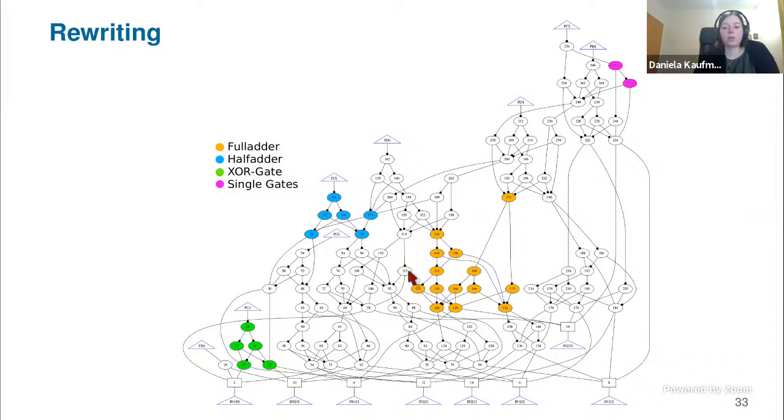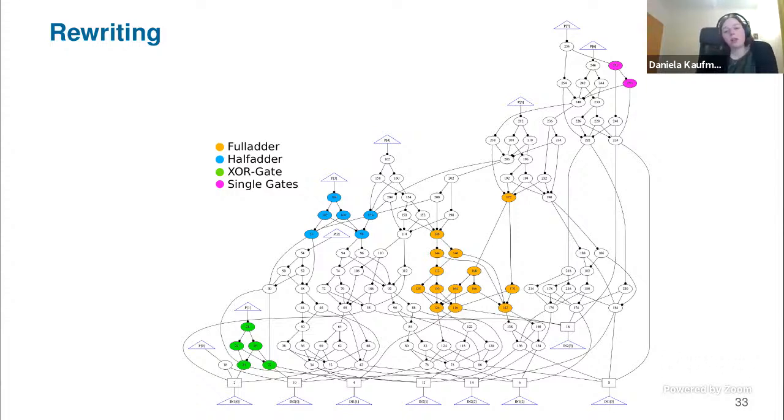Namely, the orange marked ones define a full adder. Then we have here a half adder. This is how we represent an XOR gate in an AIG. And then we also have here several nodes which only have one outgoing edge.